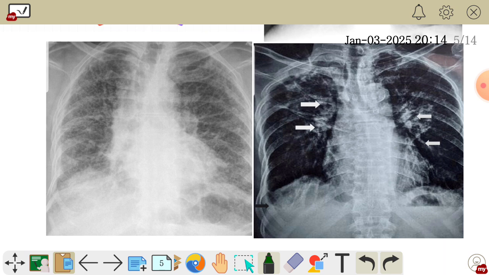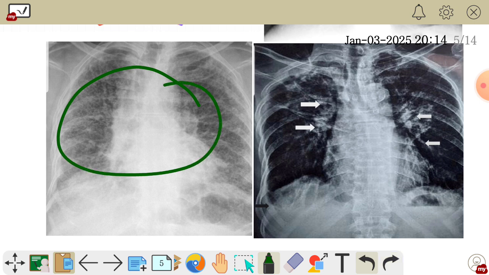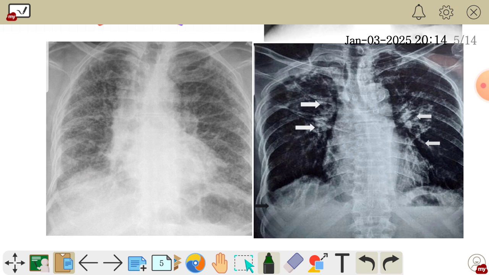So in bronchopneumonia, we are going to have patchy opacities, like in this chest x-ray. And in interstitial pneumonia, we are going to have reticular consolidations, which look like a net, or a ground glass appearance, as we can see here.